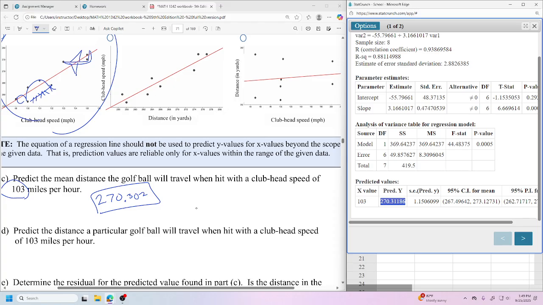Okay, so we did it. Predict the distance for a particular club. To me, it looks like it's the same answer. I'm just going to verify here. Yeah, it's the same thing. I'm going to write the same thing. Copy, paste.